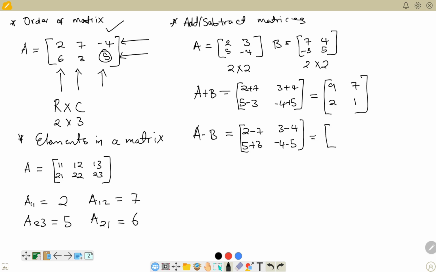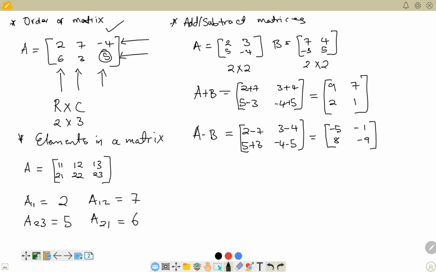And we can see that the resulting matrix is still of the same order, 2 by 2. So 2 minus 7 is minus 5. 3 minus 4 is minus 1. 5 plus 3 is 8. Negative 4 minus 5 is minus 9.